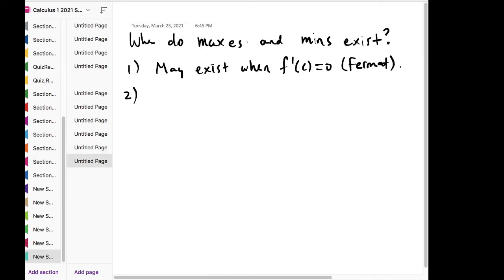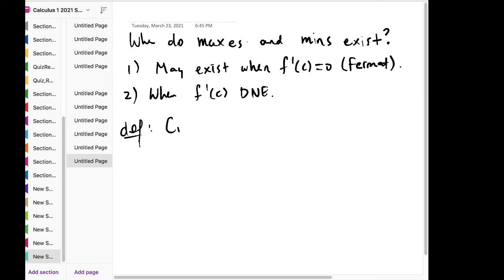So this exhausts everything, right? When the derivative is 0 and when the derivative does not exist. Every other scenario is when the derivative is not 0 and exists, so those are automatically excluded. So these are nice numbers, right? These are when maxes and mins exist. So this is our definition.